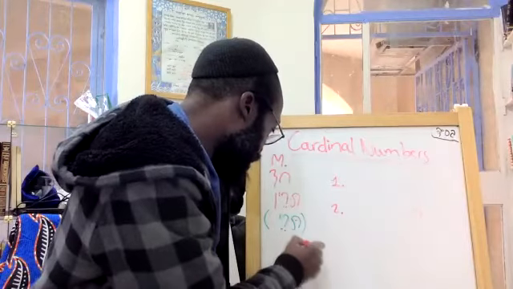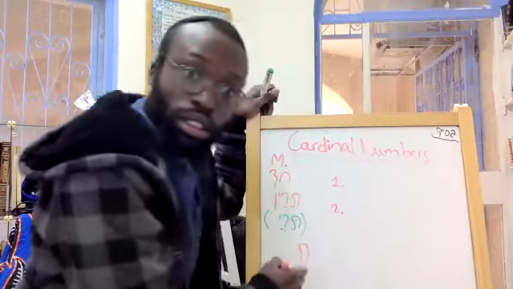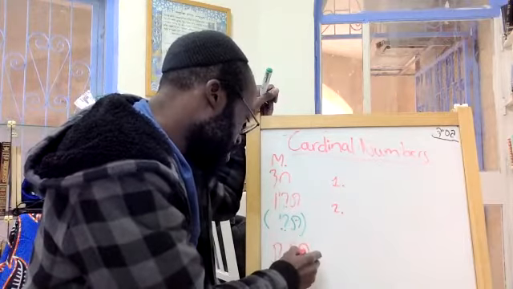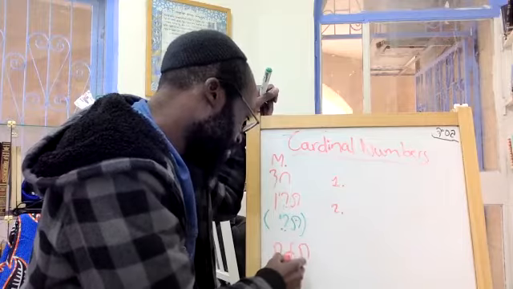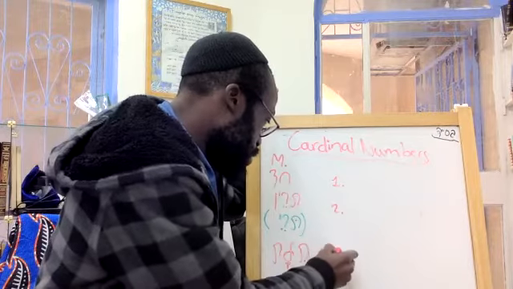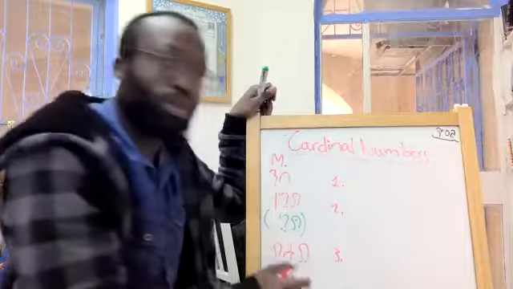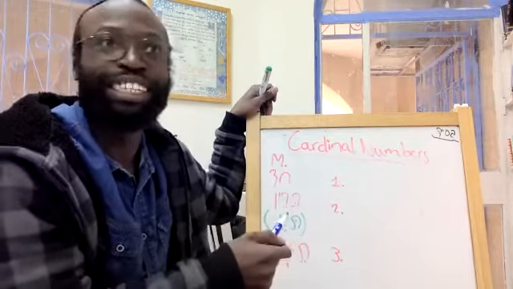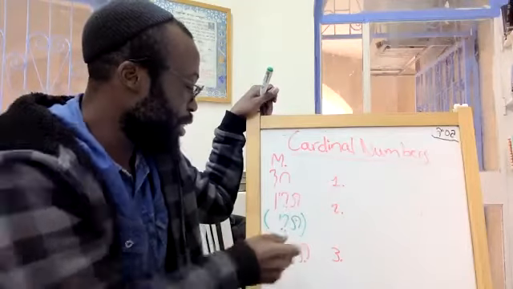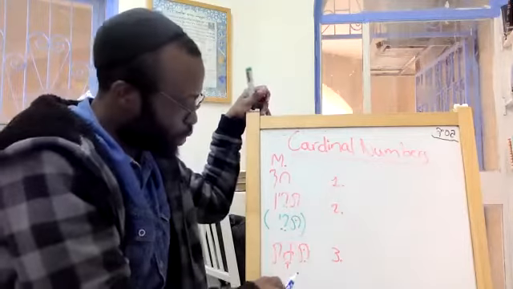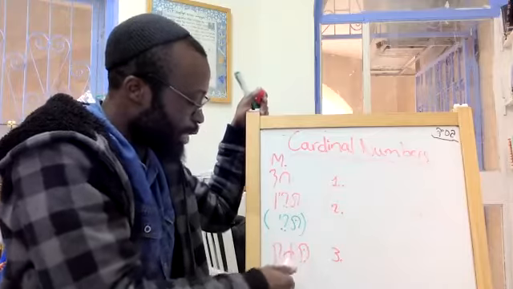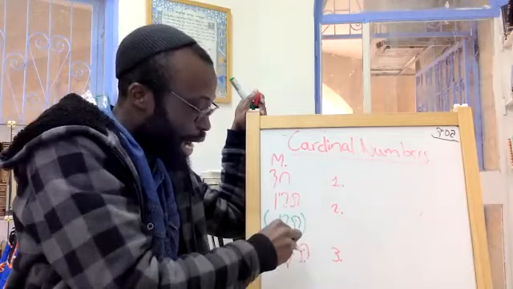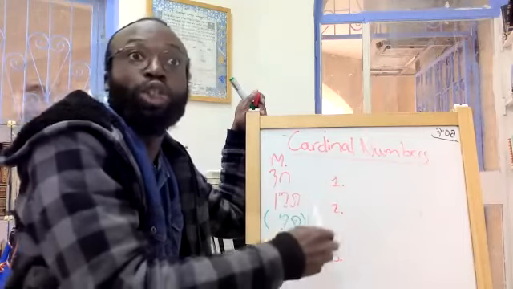Three is telat. This is three. As we had seen before, last week during the first limud we had, it was explained how taf in Aramaic can correspond to shin.